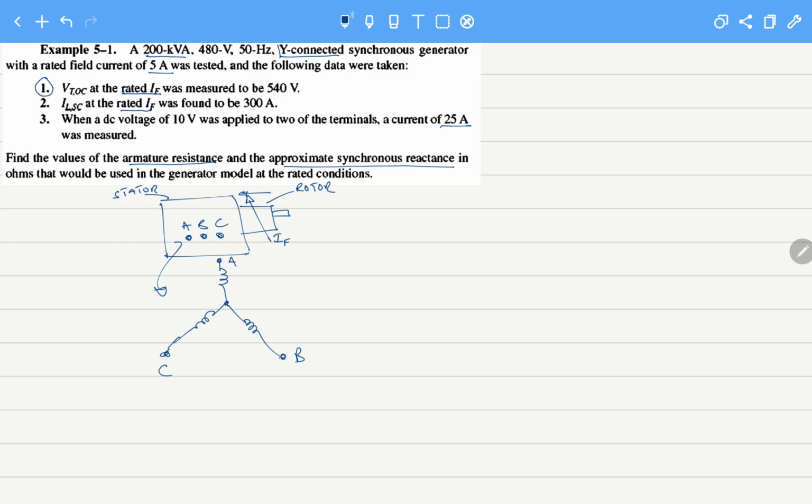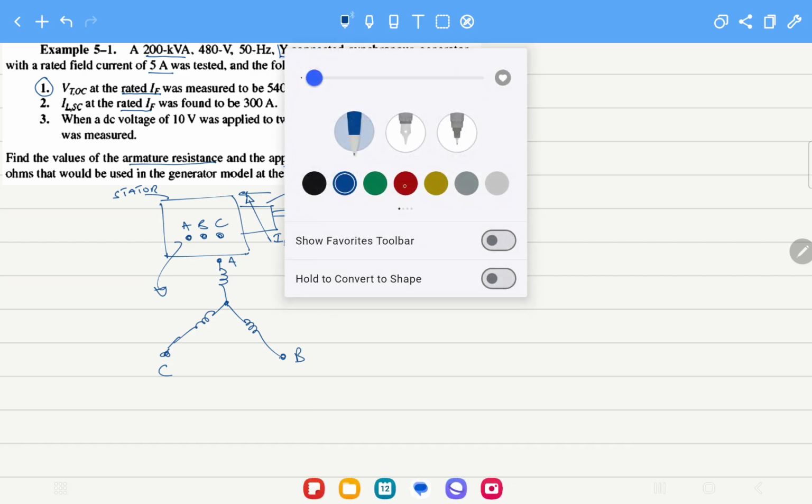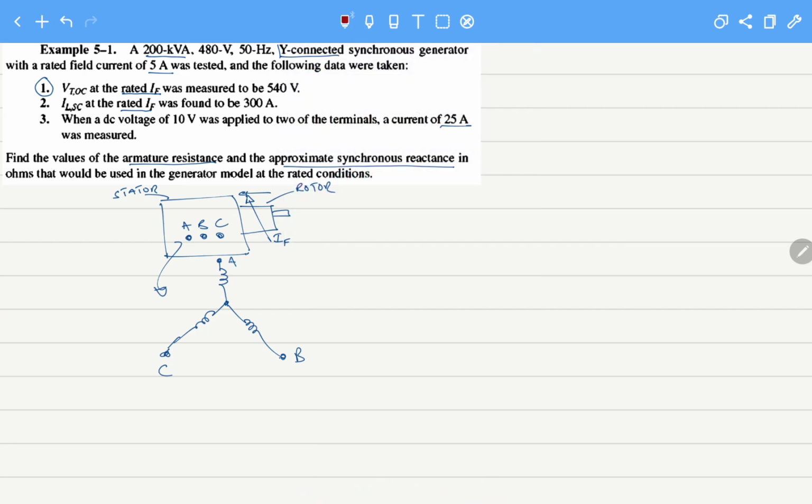For these three terminals, when the open circuit test was performed, no load was connected and a voltage was measured across two terminals. This was the voltage that was measured, and it was 540 volts when IF was at its rated value.